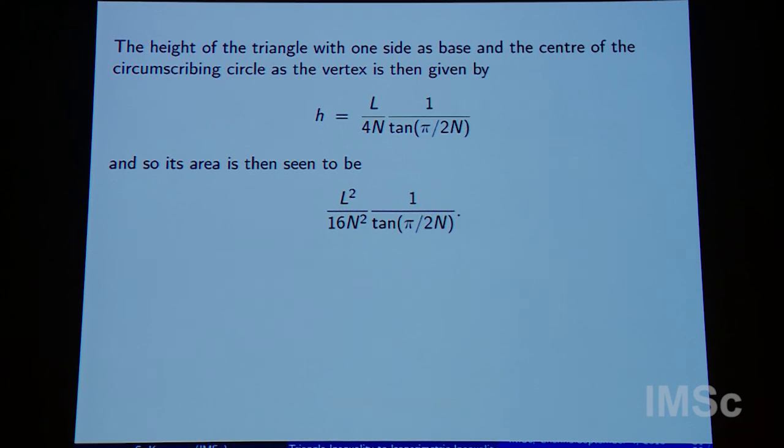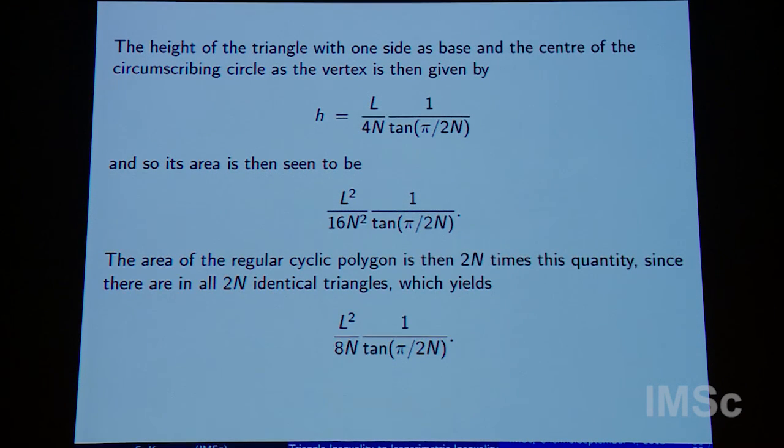And how many triangles are there? 2n triangles, because it is a 2n sided polygon and I have joined each vertex with the center, I get 2n triangles. So the total area of the regular polygon is L square by 8n times 1 by tan pi by 2n.